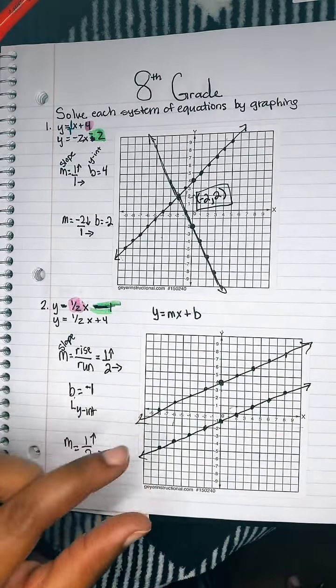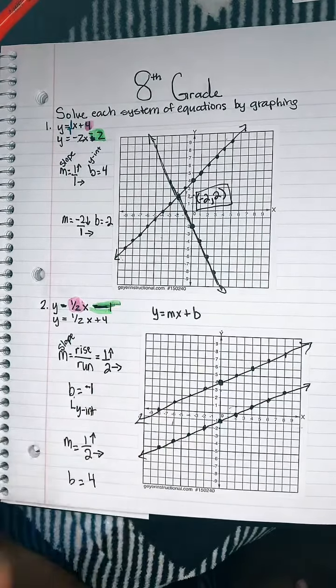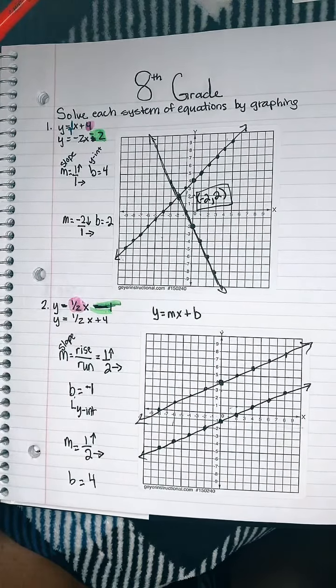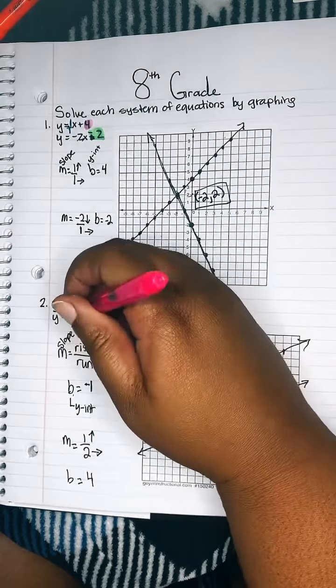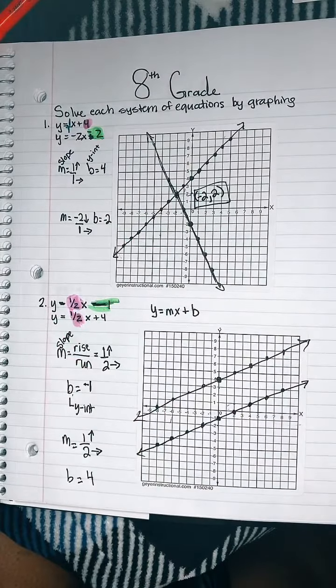And let me tell you a secret. Before even graphing these, you can identify parallel lines. This is what you're going to do when you get into geometry. Some teachers teach this in Algebra 1, but a lot of teachers teach this in geometry, at least in my curriculum.